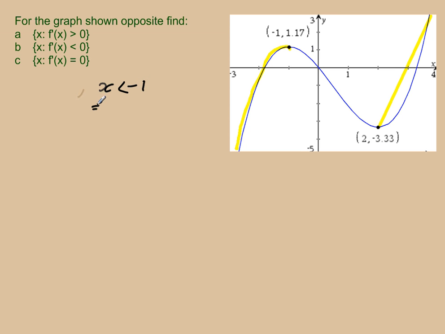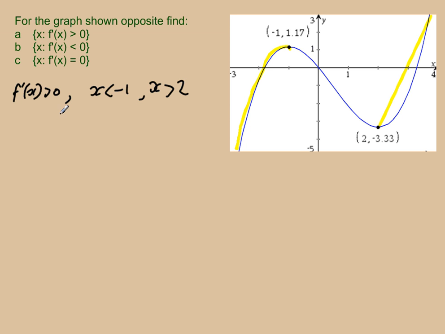which I can write as, oh, this is interesting. Text is disappearing. Let's fix this. Okay, so a gradient is positive for x less than negative 1, the yellow part here, and this part around here, the line's gone funny, for x greater than 2.